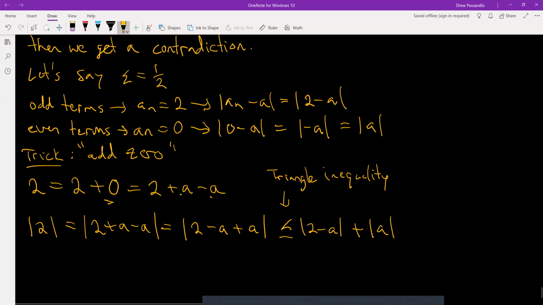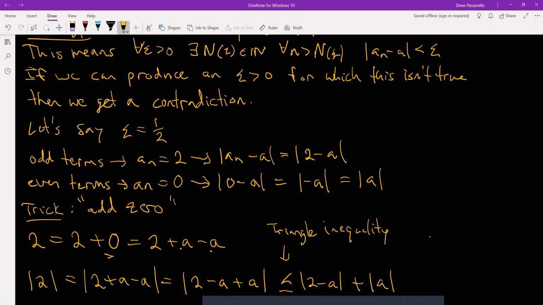Now we're letting epsilon be a half. So for the odd term case, the absolute value of 2 minus a has to be less than 1/2. If it was an even term case, we had the absolute value of 0 minus a, which is equal to the absolute value of a, and that also has to be less than a half.